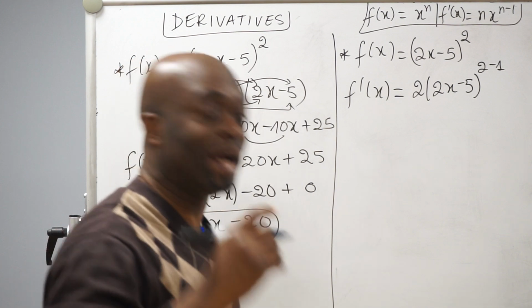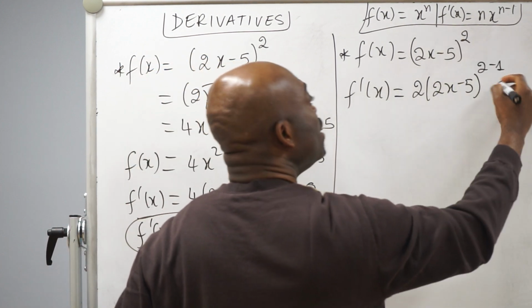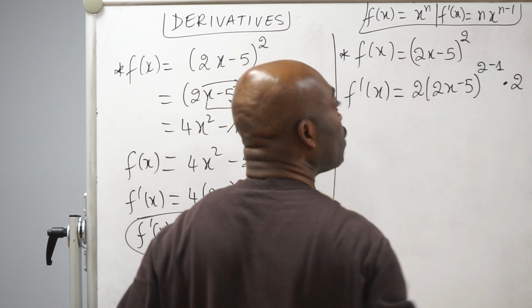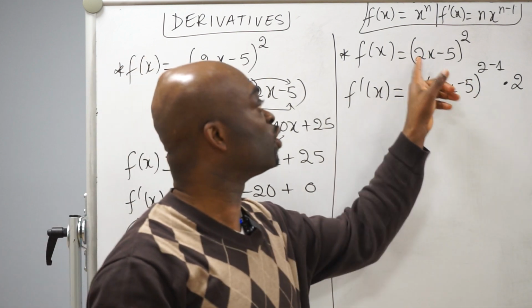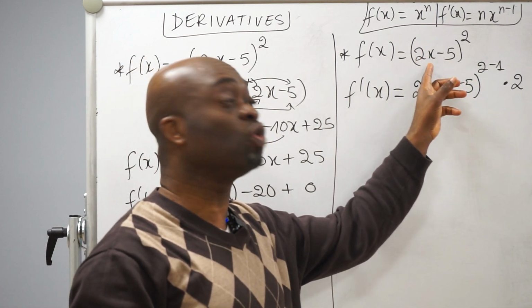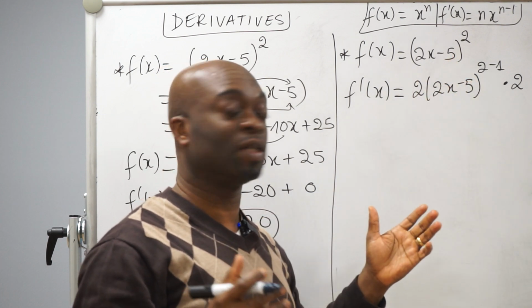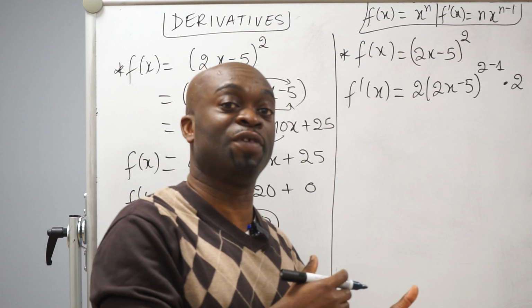And then multiply that by the derivative of the function inside, so times 2, because the derivative of 2x minus 5 is 2 only, since the derivative of 5 is 0. So that's a composition of two functions, and that's the derivative of it.